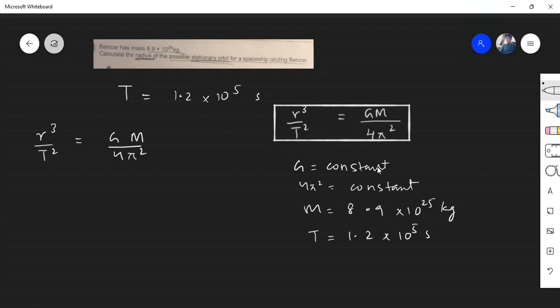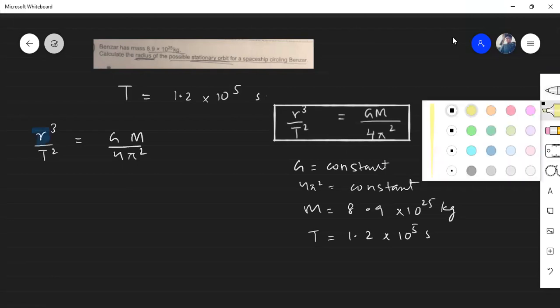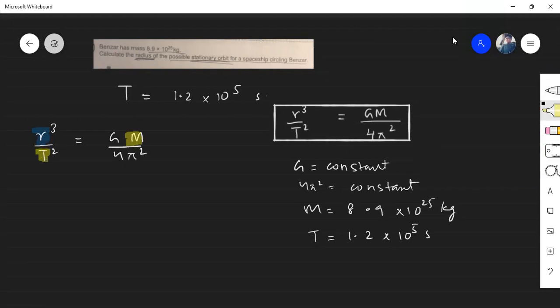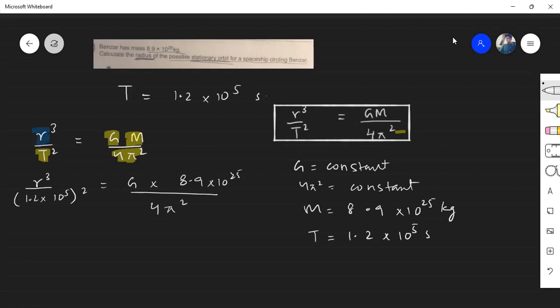We know what T is, we know what M is, we know G, and we know 4 pi squared. So I'm just going to plug in the values now. This is R cube over 1.2 exponent 5 squared is equal to G times M, which was 8.9 exponent 25, divided by 4 pi squared.